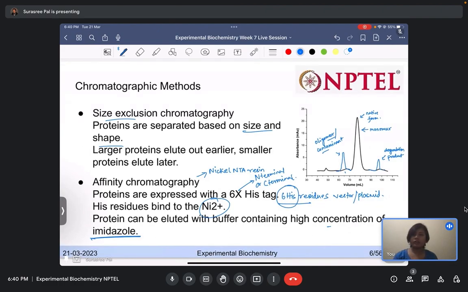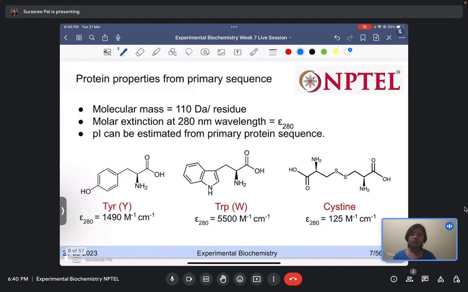Now these chromatographic methods, along with the ion exchange chromatography, we can also use. And so then after this protein is purified, there are several properties of the protein which we can determine from the primary sequence of the protein. For example, the molecular mass.